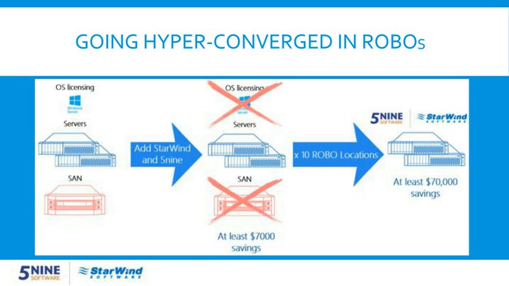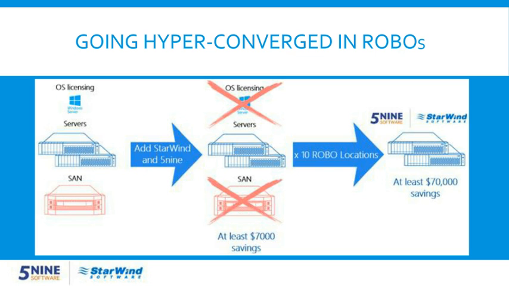When you add StarWind vSAN, you reduce the number of servers required to just 2 physical servers. Therefore, you save on OS licensing for extra servers, and if you have Linux virtual machines, for example, you don't really need OS licensing at all anymore. You don't need a license for managing that as well, because you can do that locally via File Manager.